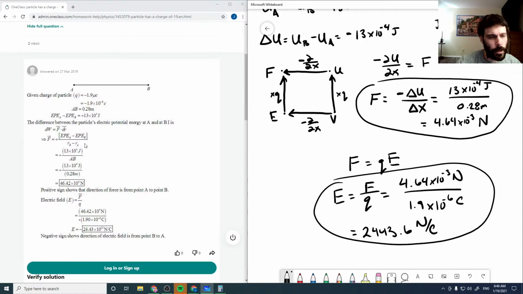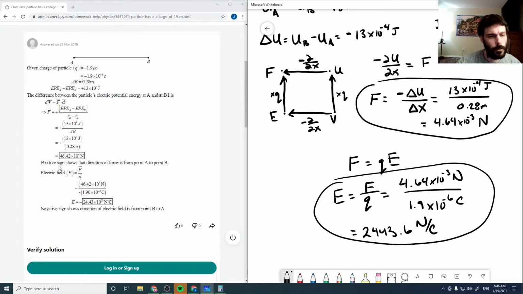But they're also computing work. Direction of the force, not quite, but it's okay.